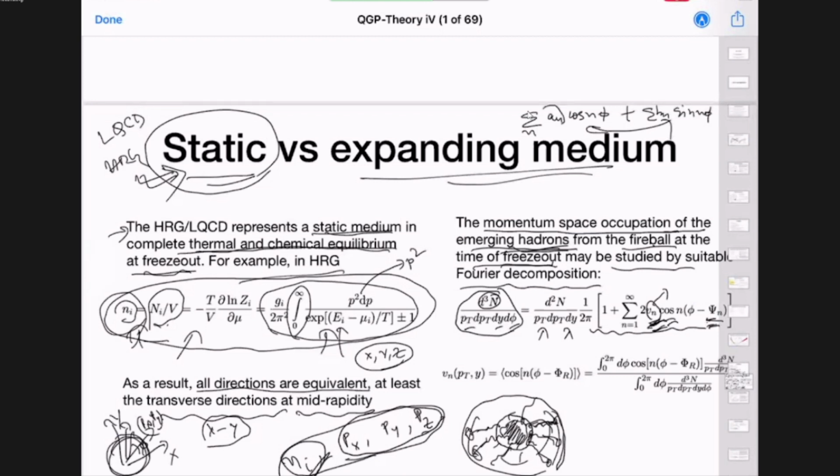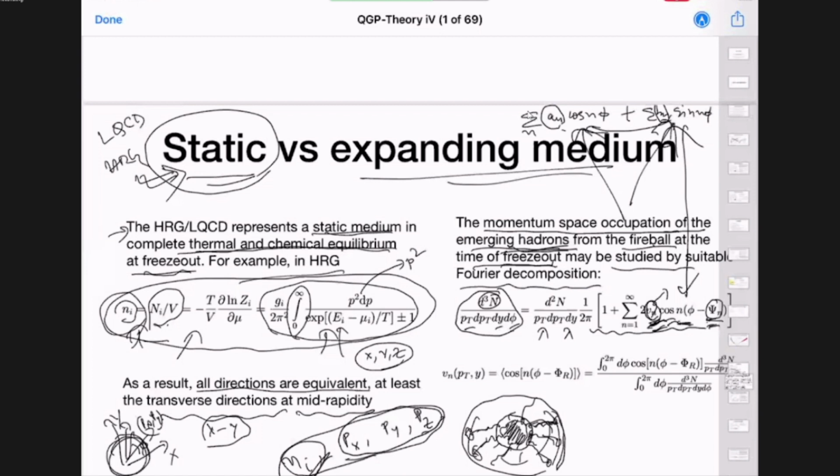Here also there are two undetermined constants, the a_n's and b_n's, and here we have the vn's and the psi n's. These two are indeed equivalent, because you can expand cosine of n(phi minus psi n). You will get a cos n phi term and a sin n phi term, and that will be precisely these two terms. So they are the same.